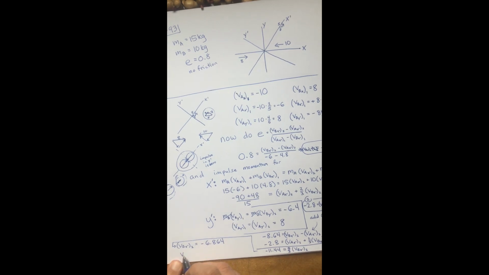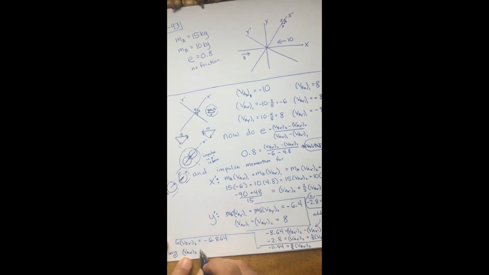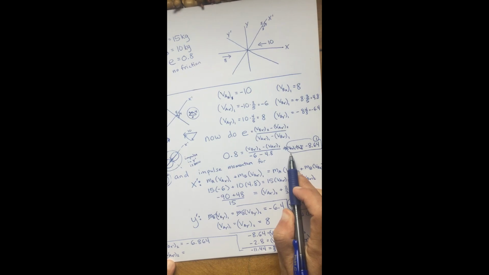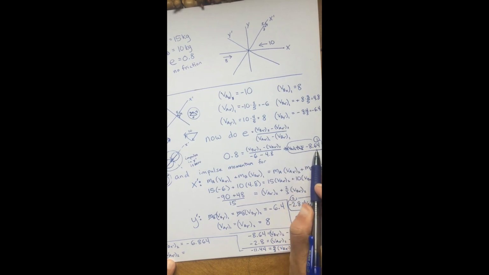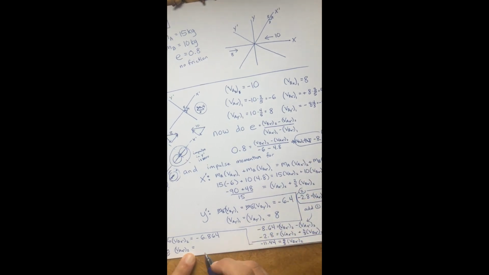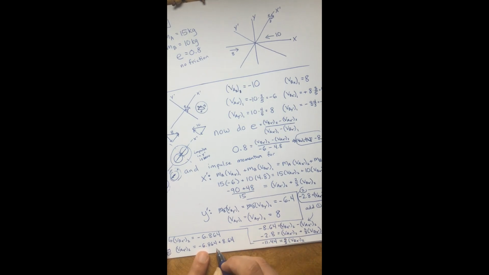And then I need VA x prime 2, which I can get from using equation 1. Using equation 1, if I bring the VA x prime 2 over to this side and the negative 8.64 over to this side, I get negative 6.864 plus 8.64. That gives me 1.776.